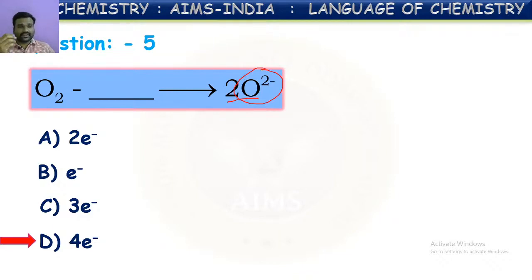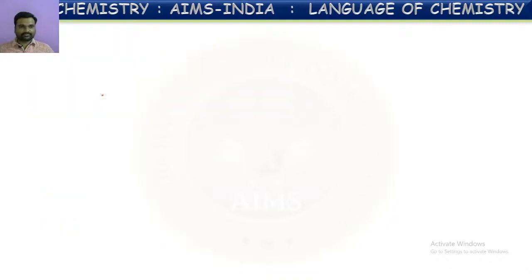The number of electrons should be gained there, not lost. Now we can say, by gaining how many electrons are these 2 oxide ions formed? By gaining 4 electrons, because each oxide ion is formed by gaining 2 electrons from outside. 2 oxide ions are formed, hence the total number of electrons accepted here is 4. So D is the correct answer.